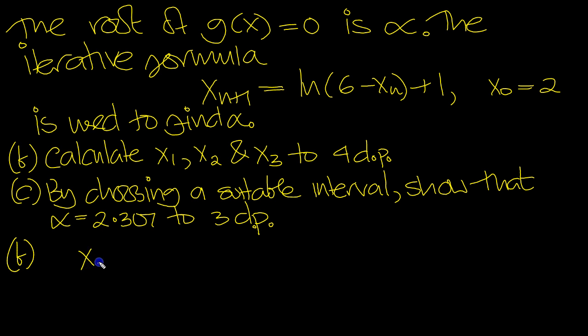Okay, x2 is equal to ln 6 minus x1. Oh, x1 we need first, don't we? So let's do x1 is equal to log of 6 minus x0 plus 1. x0 is 2, so put that in.